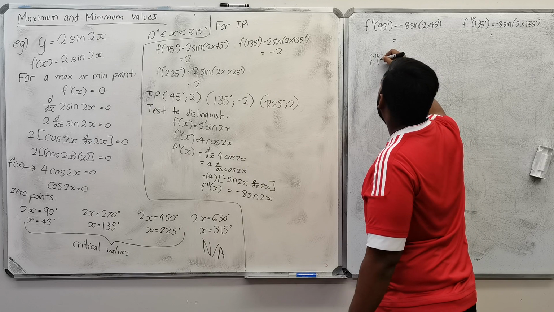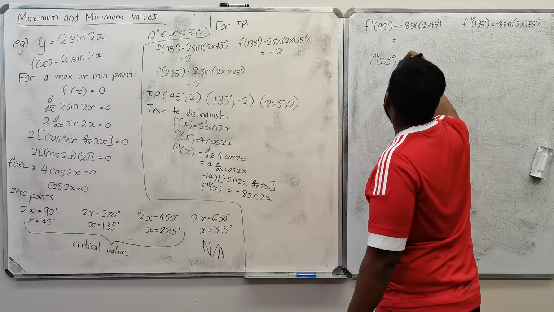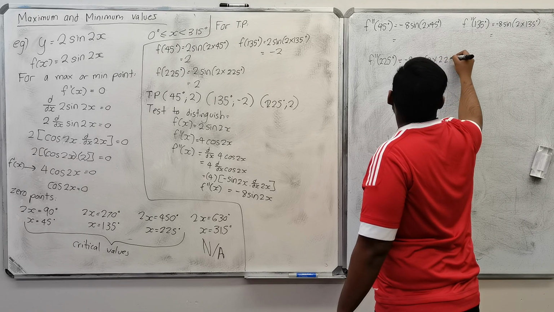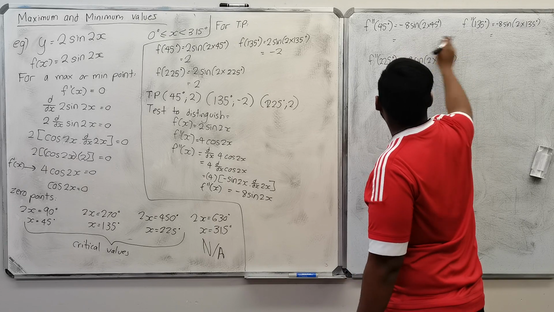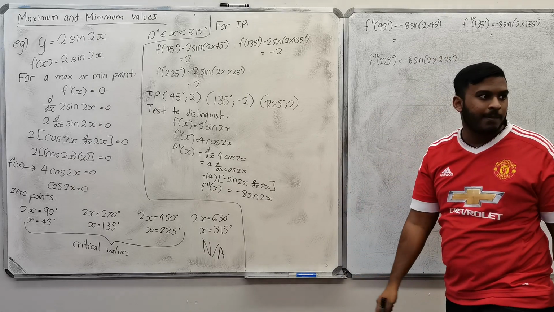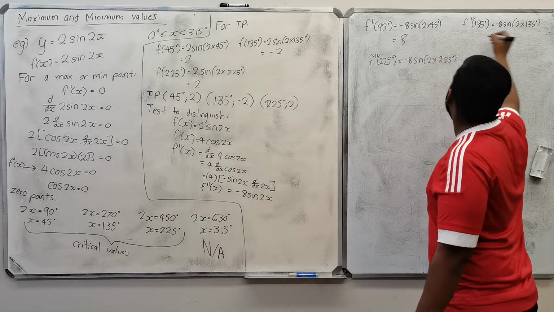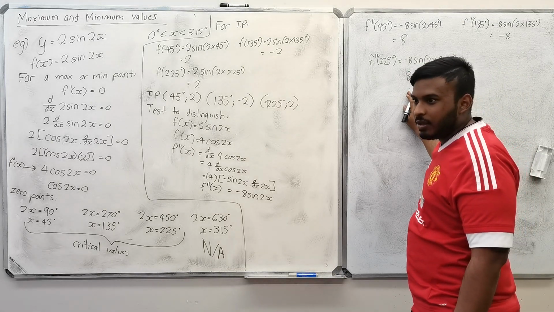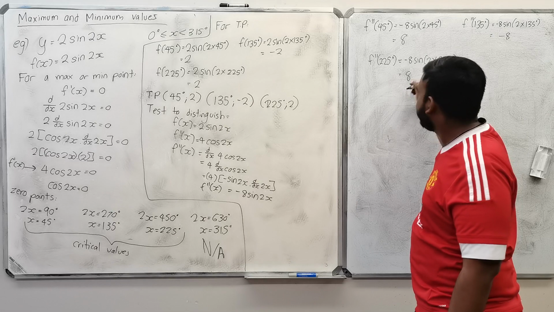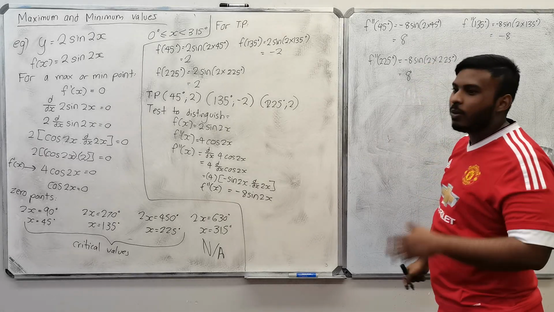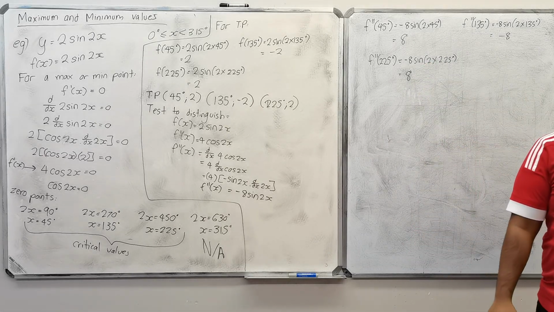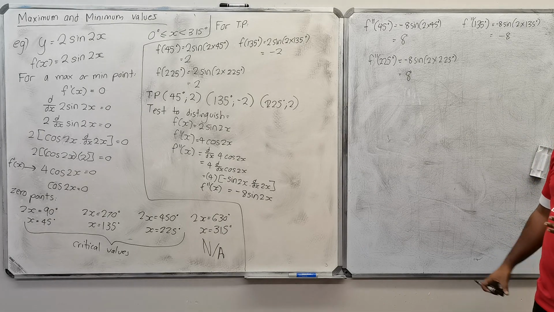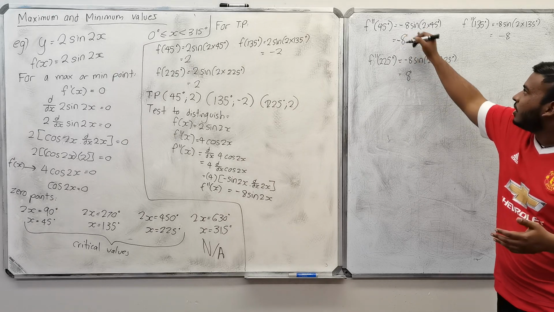And then f double prime of 225 degrees equal to minus 8 sine 2 times 225 degrees. What are the numbers you get here? Minus 8, 8, minus 8. When you work it out, you'll see you'll get 8 here, and minus 8 at the others.